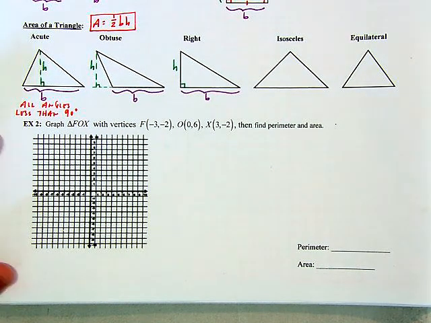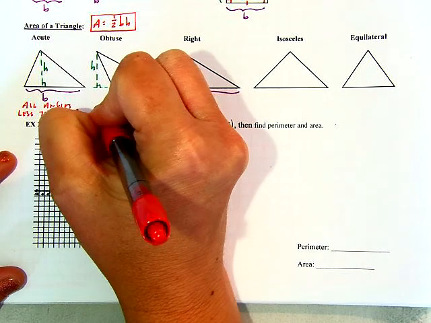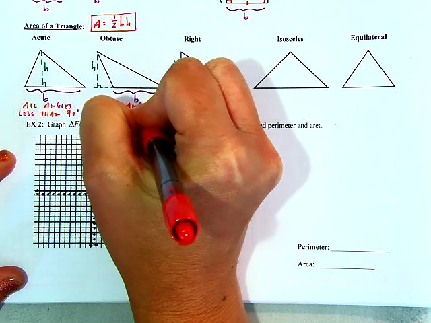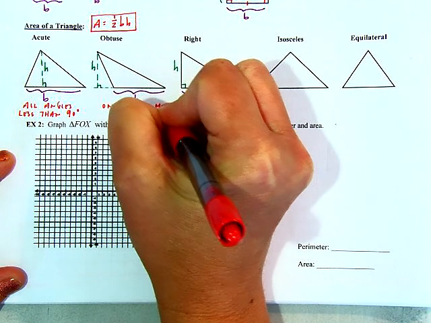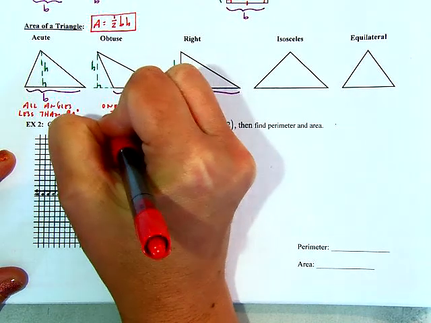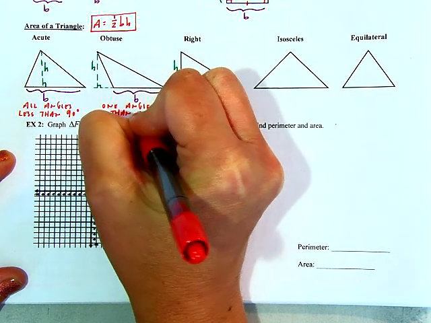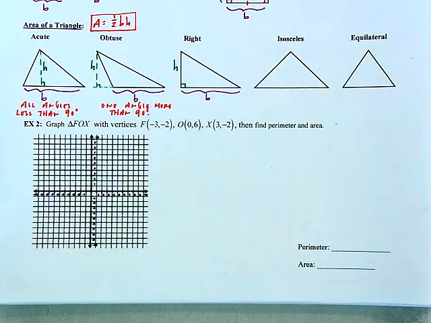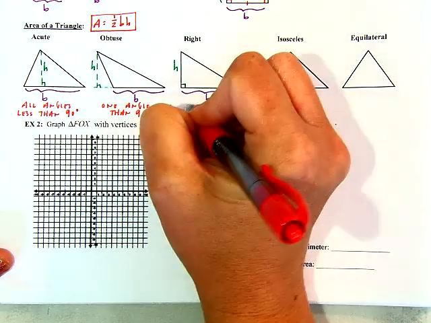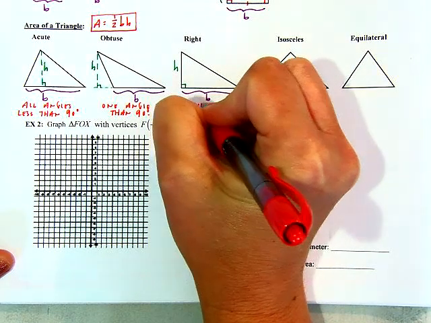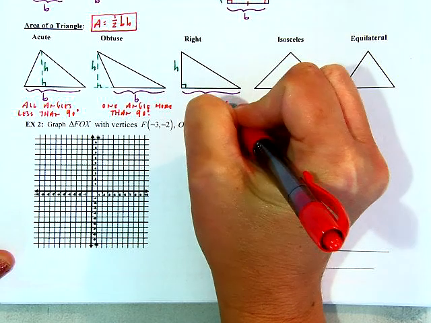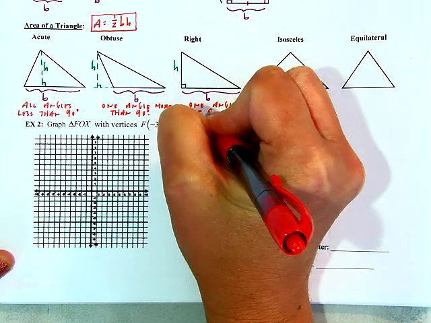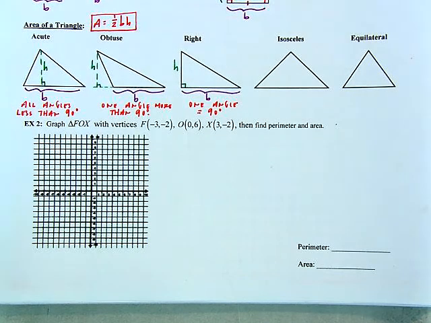For obtuse, we have one angle that is more than 90. A right triangle has one angle that is 90. Okay, so far we're caught up.